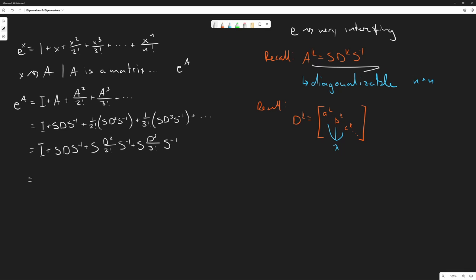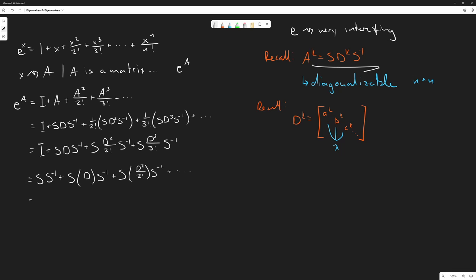And here's what we're going to do. I'm going to rewrite this equation. I'm going to substitute our identity matrix to be equal to S times S inverse, and then we are going to group the D's. So this would be D squared over 2 factorial times S inverse plus dot dot dot.